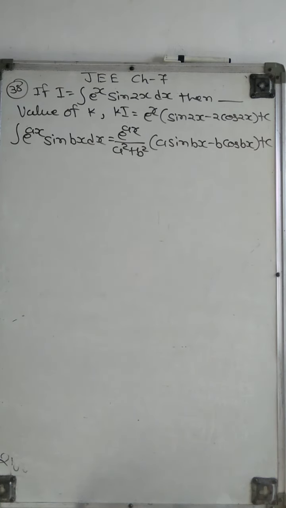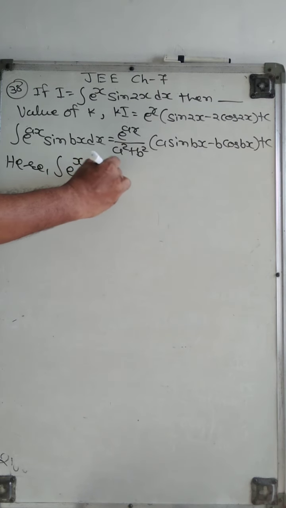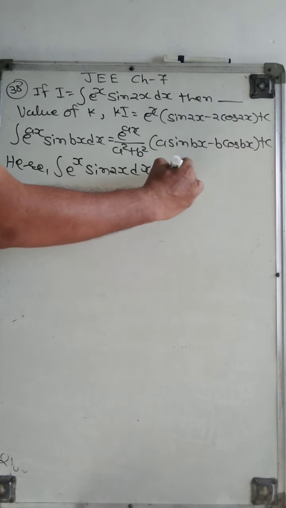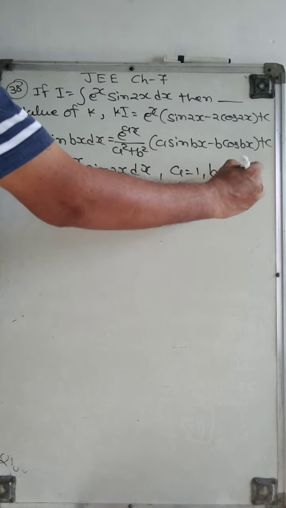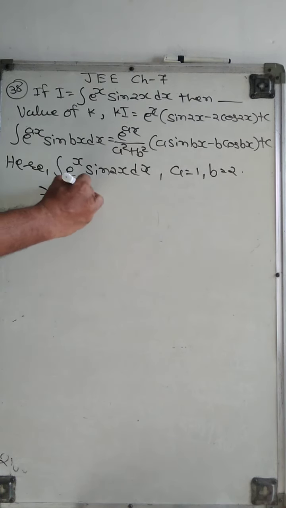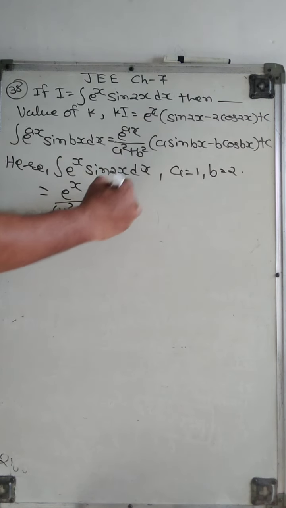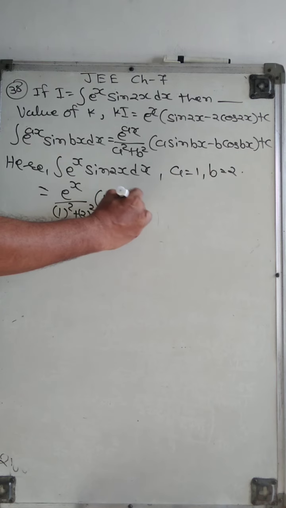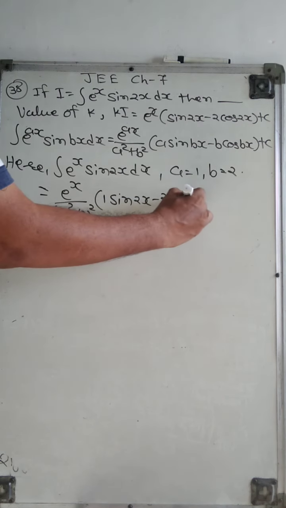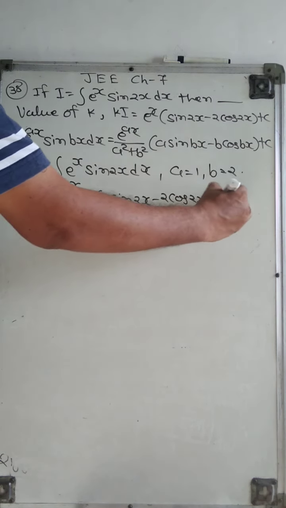So now here we apply this formula for integration e raised to x sin 2x dx, where a equal to 1 and b equal to 2. Therefore the answer is e raised to x upon 1 squared plus 2 squared, and a means 1, sin 2x minus 2 cos 2x plus c. Now here this is 5, so we just multiply this I by 5.